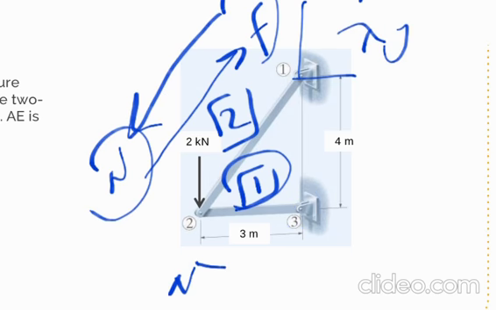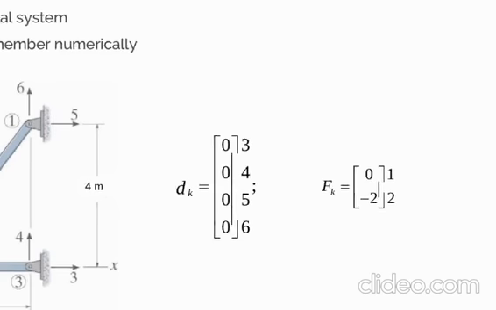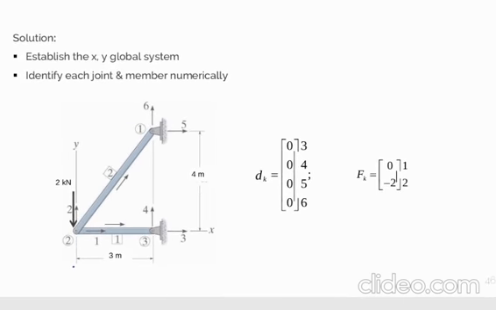So now in the next slide, we give the global X and Y and the directions as you see here in this figure. FK means known force.